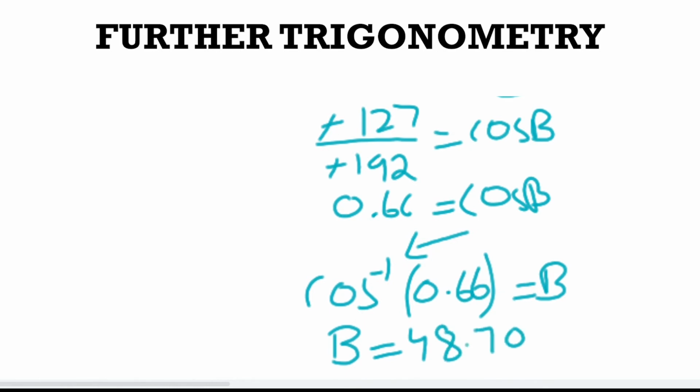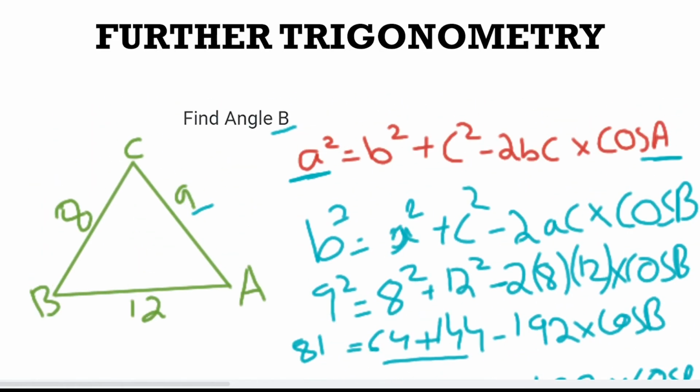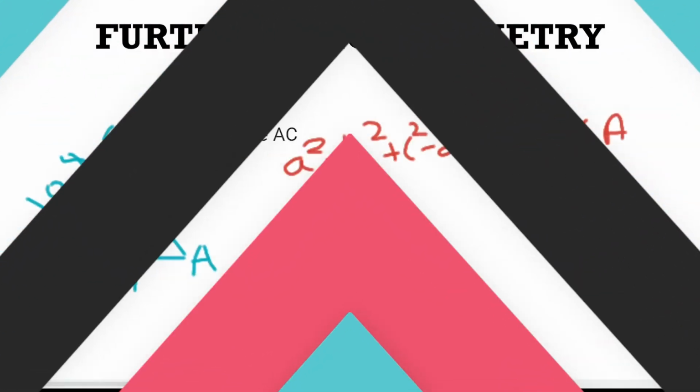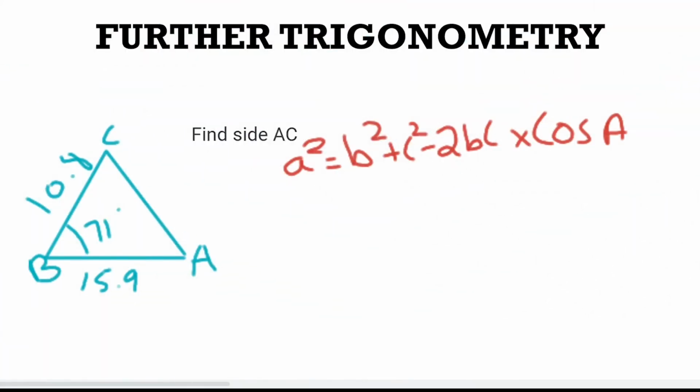That's how we will find the angle by the cosine rule. So the angle B is 48.70.